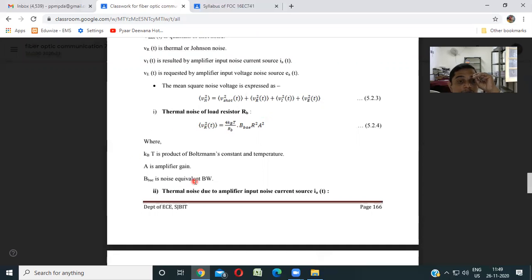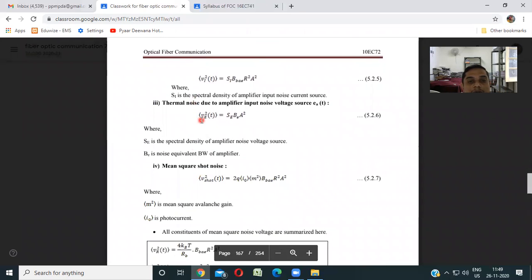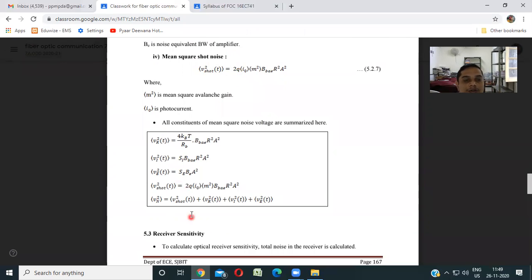Then VE is given by this equation. V shot noise is given by this equation. Please remember these equations directly. There is no derivation, directly we are writing here. So just remember these equations. In this table, you can summarize all the noise voltages like this.